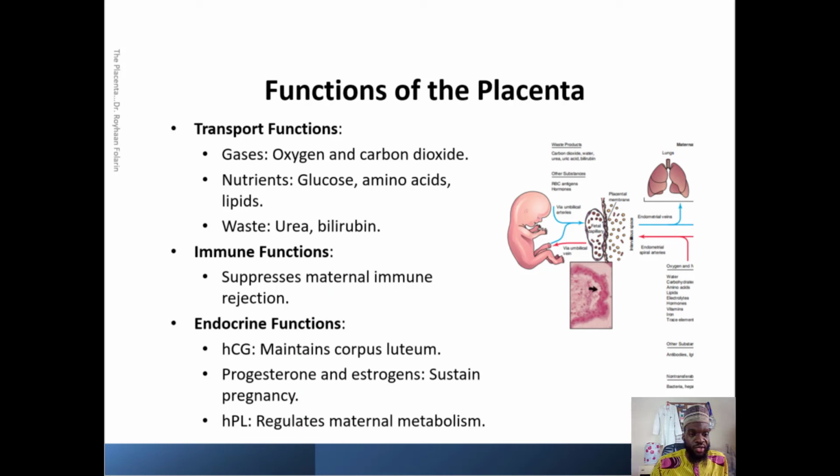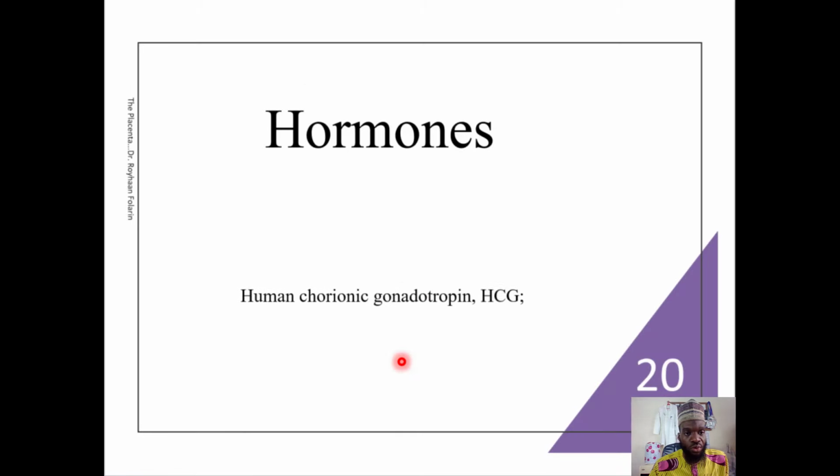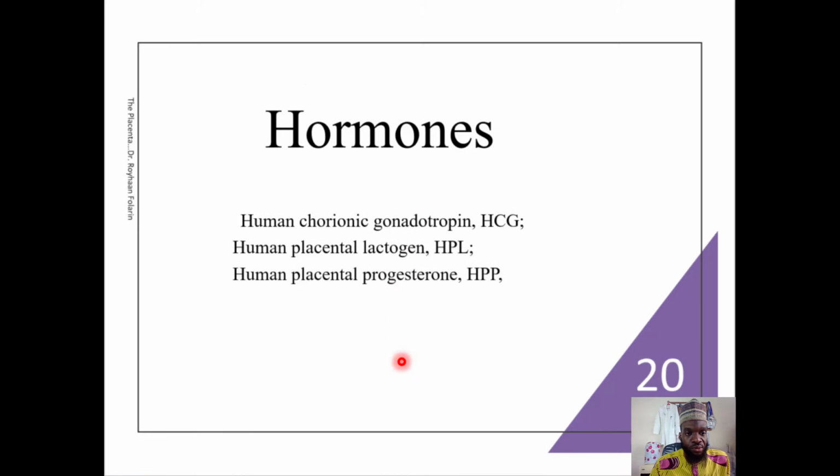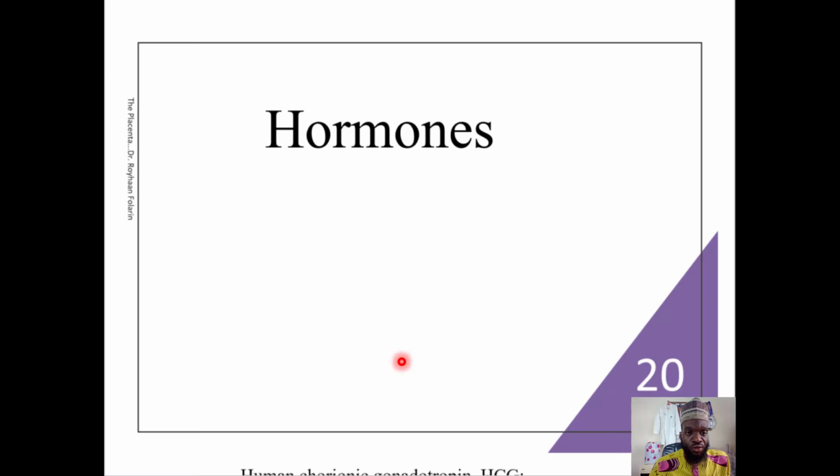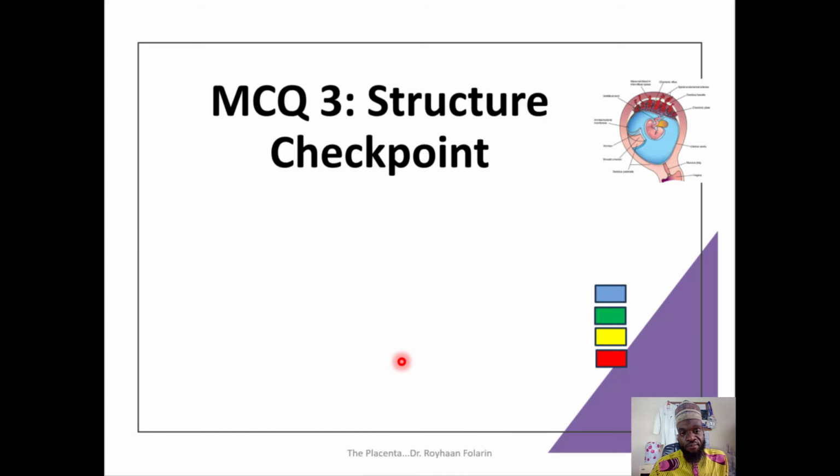So it also serves endocrine functions like the various hormones that we have listed earlier. I kept this to also remind of the full names of those hormones as previously acronymed. So I think this summarizes the major functions of the placenta.